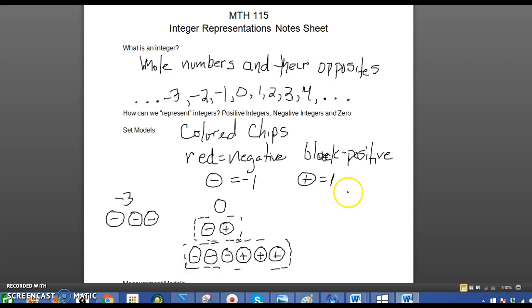So we'll do one more example here, and hopefully you've read in other sources so that you know more about this. But if I wanted to do 3, pretty obviously I could do 3 positive chips.